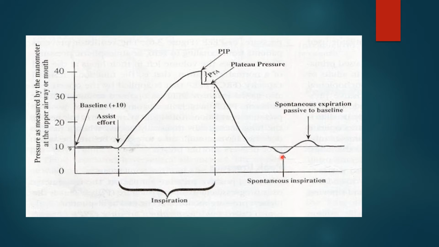We can't tell his tidal volume here because volume isn't on this axis. His peak pressure is going to 40. His plateau pressure is 35. He's in SIMV, and during his spontaneous breath, the pressure did not go up. So this patient's not getting any pressure support. So SIMV with no pressure support.